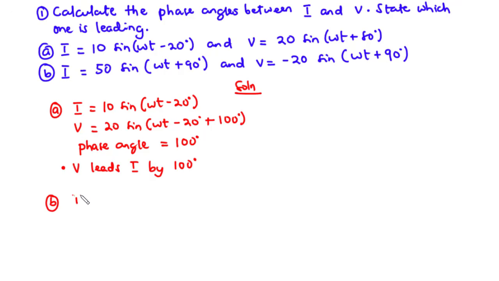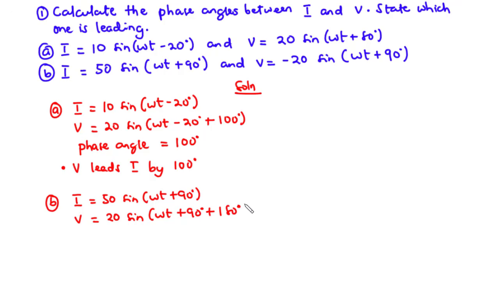So if we have I to be 50 sine omega t plus 90 degrees, then reversing this signal, we are going to have V equals, this time we have a positive amplitude, then sine omega t plus 90, and then we are going to add 180 to it.